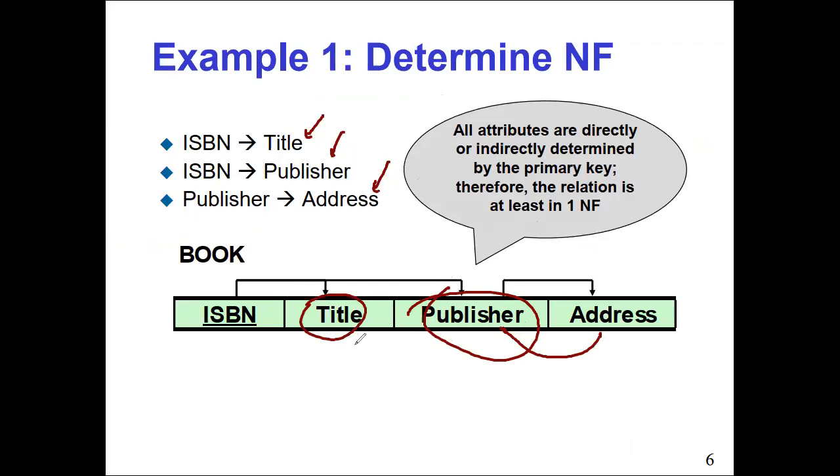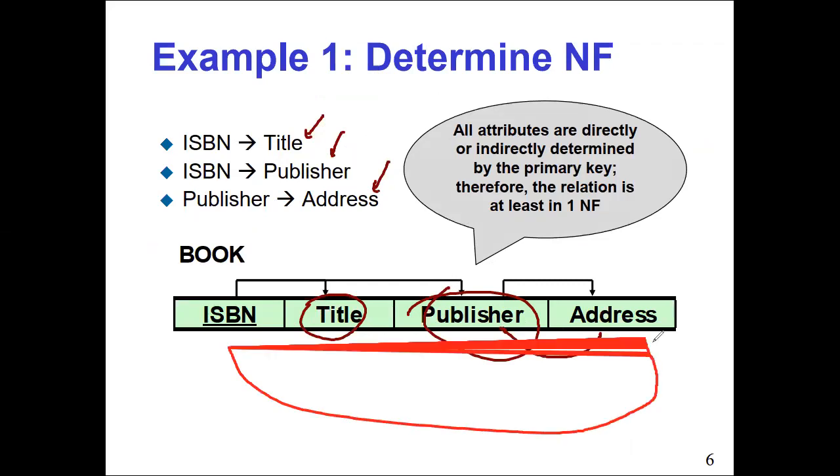Meanwhile, address is indirectly depending on the ISBN. So simply you can say all the attributes are directly or indirectly determined by the primary key. Therefore, the relation is in at least 1NF.